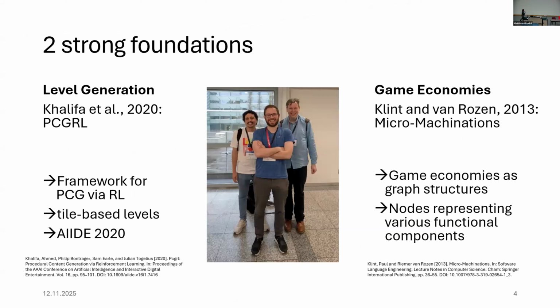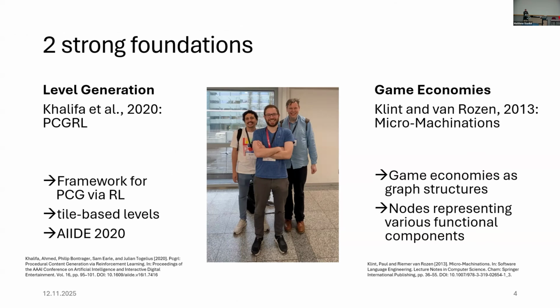So my thesis targets two different domains. First, level generation. We had also a brief introduction by Sam before on PCGRL, so I hope I don't have to do that, but PCGRL is a framework for level generation using reinforcement learning for tile-based levels. And second, we have game economies, which I also target here in my work.